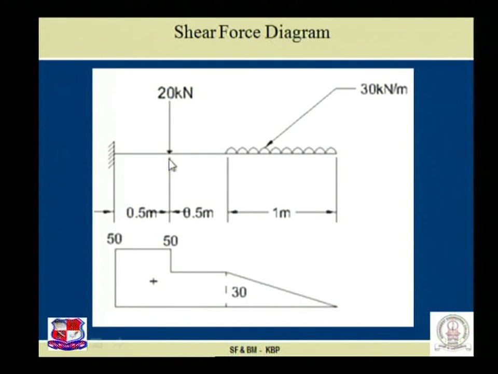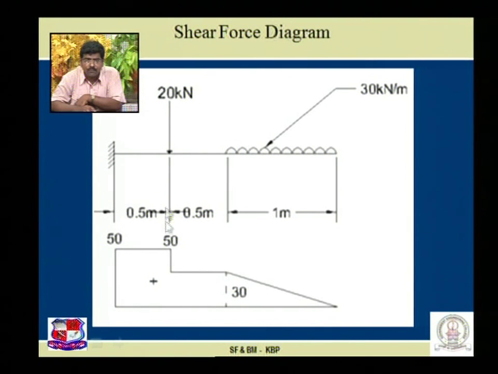Now just see the case of 20. If we take a section over here, both the loads are acting downward on the right side, which is treated as positive. So 30 into 1, 30 plus 20, 50. This 50 kilonewton is achieved over here, and there is no load acting over here. Horizontal straight line 50, and we achieve the RAV as 50.